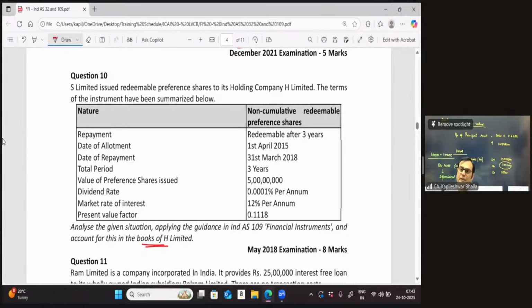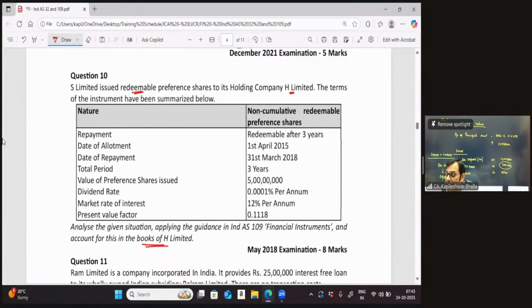He's asking us for the accounting in the books of H. H here is going to be the holding company. It says S issued redeemable preference shares to the holding company H. So S becomes the issuer and H becomes the holder. The parent company is holding the investments in preference shares.